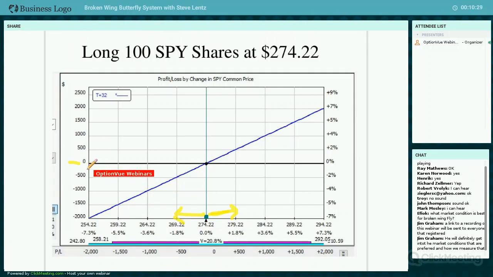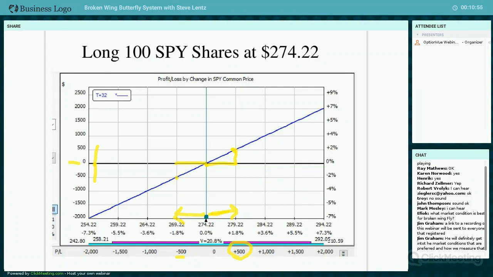This represents our dollar amount of profit and loss. Anything above this is gain. Anything underneath it is loss, such that if the market goes up $5 and we own 100 shares, we come up here, we look at that data point, we have gained 500 right there. Market goes down $5, we take a look at that data point, we've lost 500.